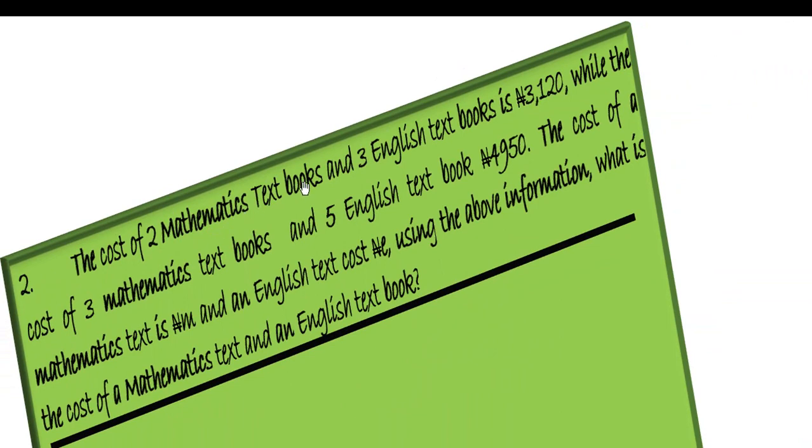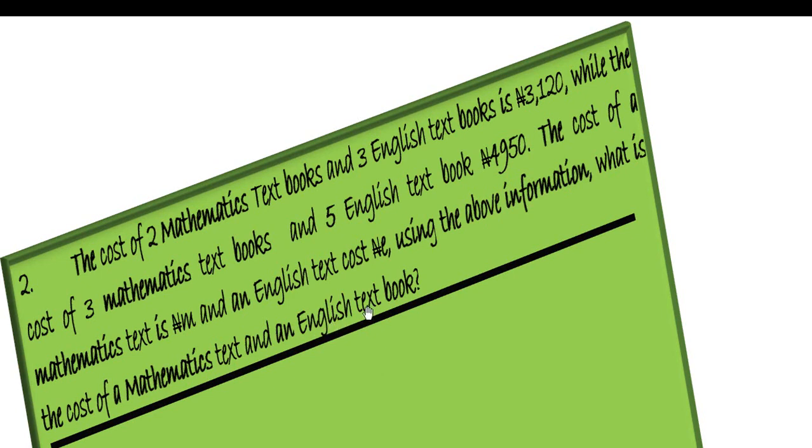We have that the cost of 2 mathematics textbooks and 3 English textbooks is 3,120, while the cost of 3 mathematics textbooks and 5 English textbooks is 4,950. The cost of a mathematics textbook is M naira and an English textbook costs E naira. Using the above information, what is the cost of a mathematics textbook and an English textbook? Wow, interesting.